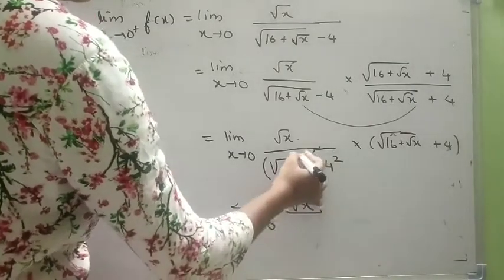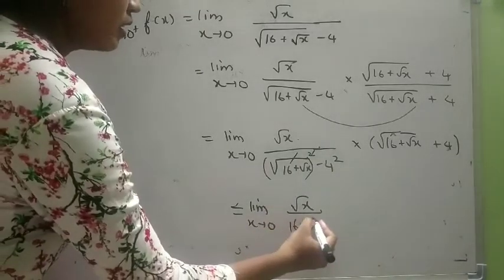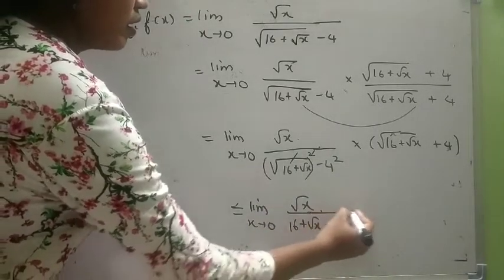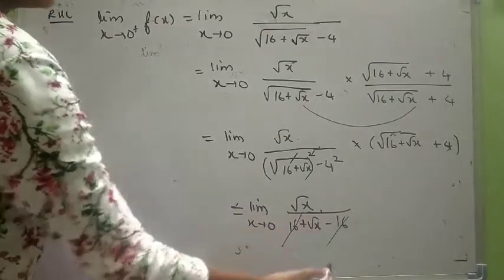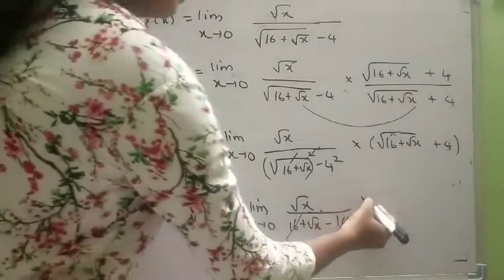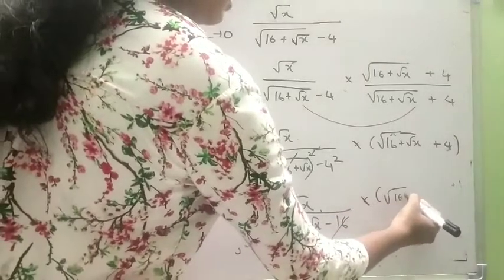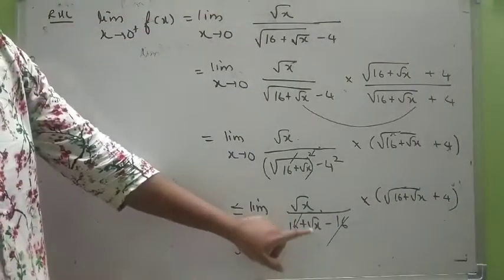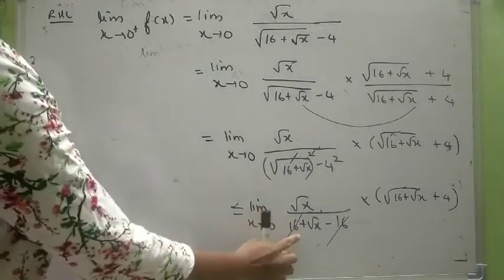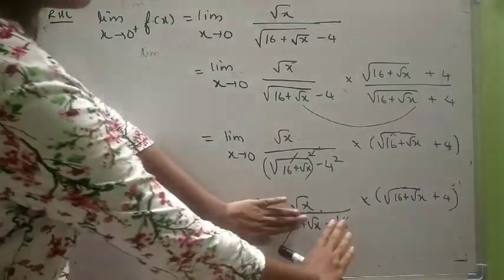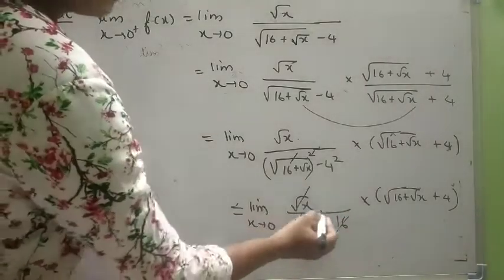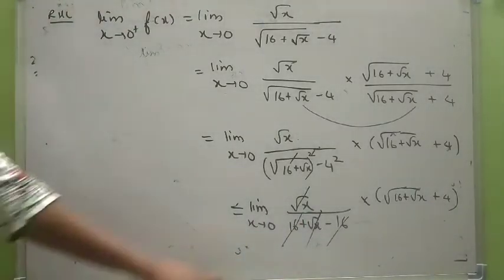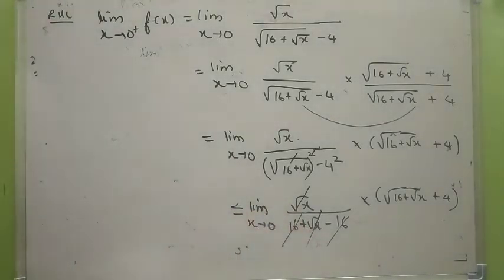So root and square will cancel. So you'll get like this. So first step, 16 and 16 will cancel. The next step what will happen, I will just skip that step. The moment you do this, it will become like this. Again, root x will also cancel, and that will be left as 1.